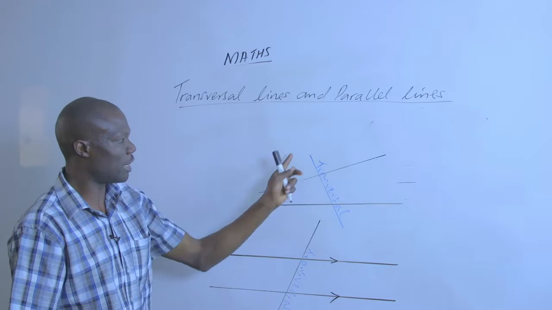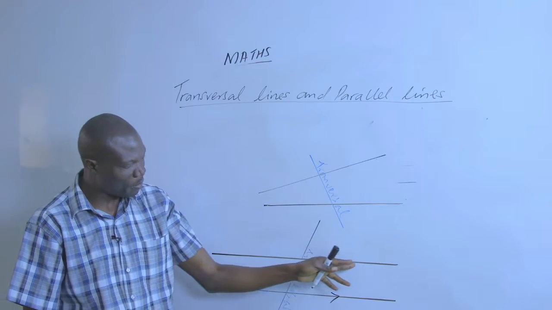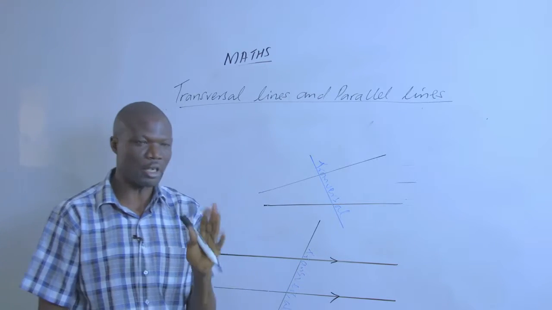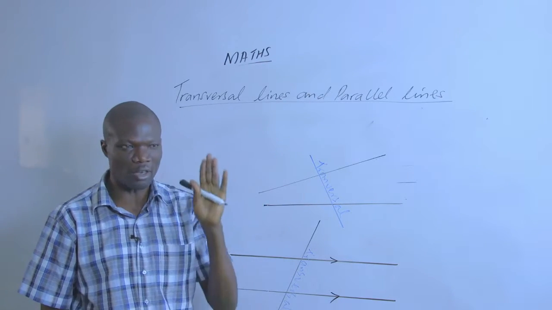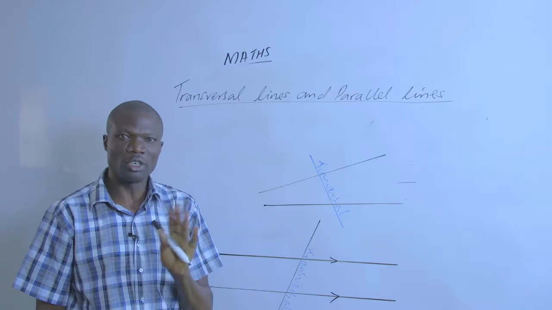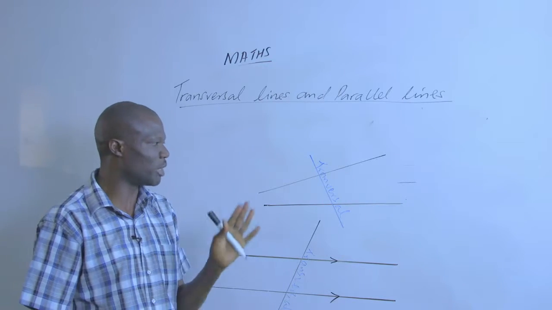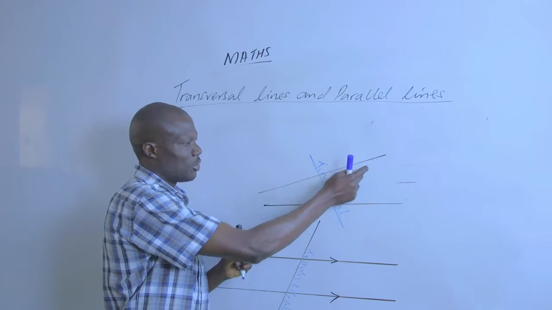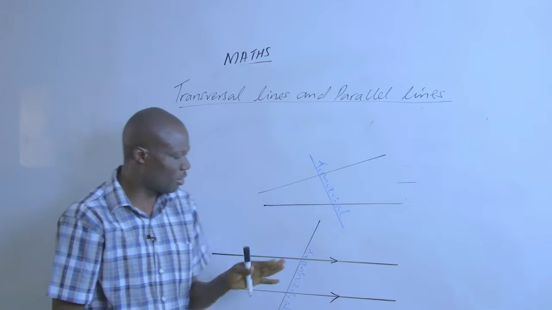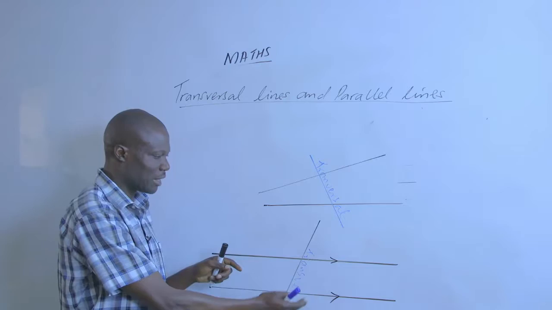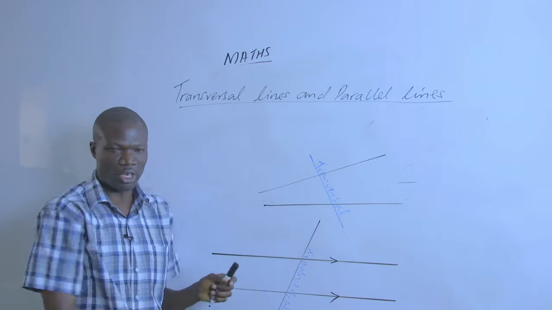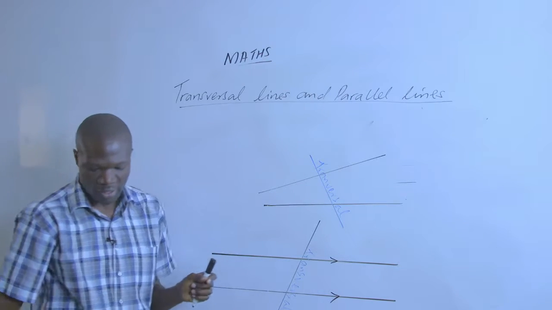We have two lines here and a transversal. We have another pair of lines here and a transversal. I want to say this, that a transversal line is a line that cuts across two lines. It's not a must that the two lines must be parallel. No. They can be not parallel, like the first situation here, or they can be parallel, like the second situation here. Therefore, any line cutting across two lines forms a transversal line.